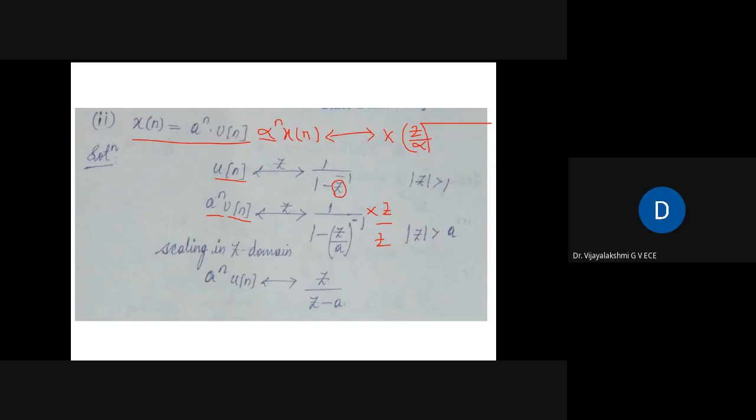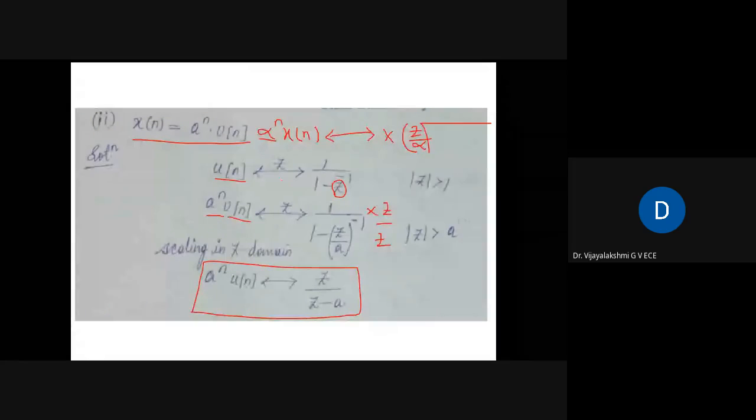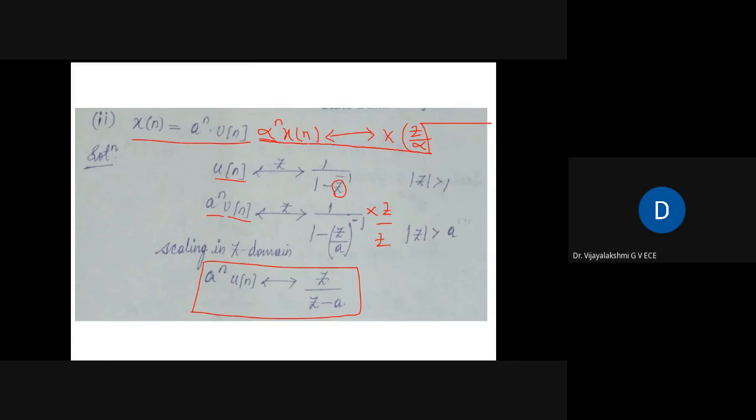So the Z transform of a power n into u of n is Z by Z minus a. Here we used just the property. Otherwise you had to take the summation and do all that. But since we know the property, I have written it directly. So you should know which property is to be used.